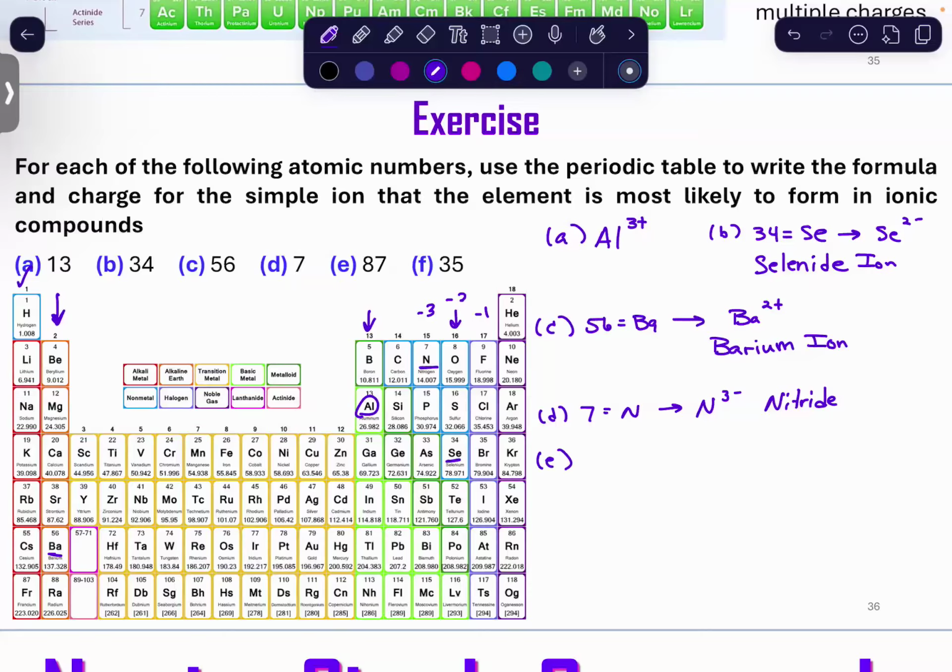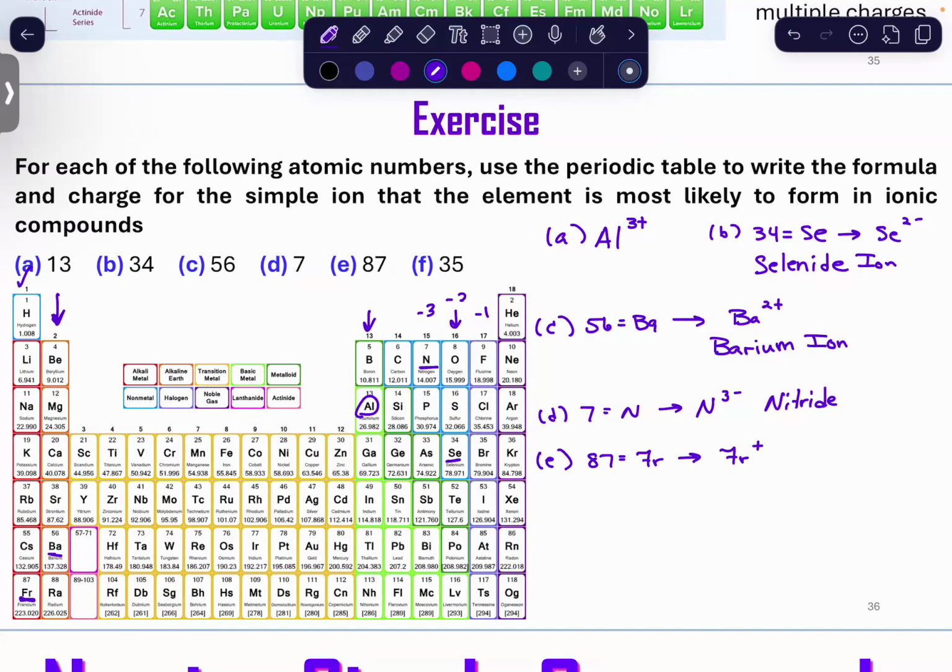Or E, element 87. Okay, well, that is way down here. Francium. Now, again, it's column 1. So just like the rest of its group, francium will become a +1, and it's the francium ion. So it's a cation, doesn't change its name.